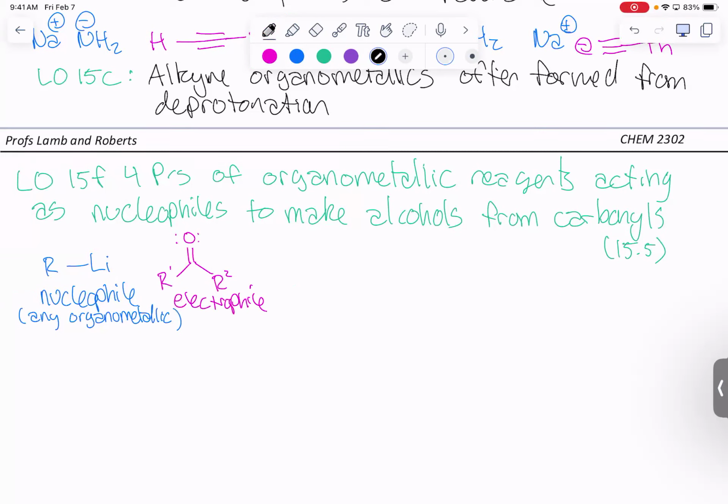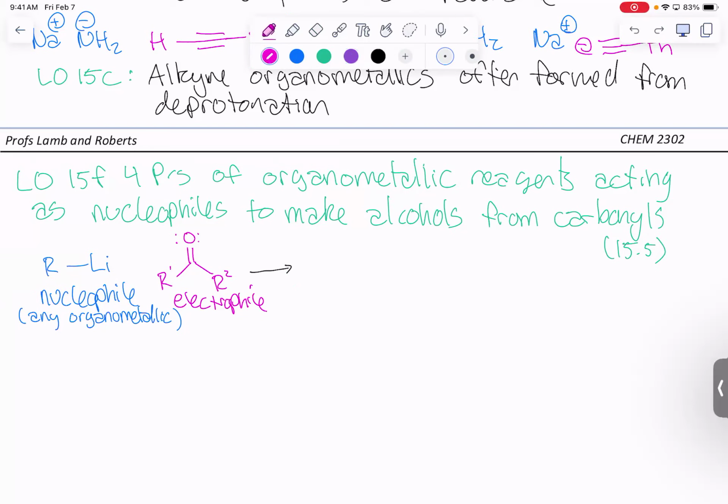But let's first follow our reaction arrows to understand what our intermediate in this reaction is going to be. All right. Okay, so we're going to take our electron density from our metal-carbon bond, and we are going to attack our most electrophilic position with our nucleophile.